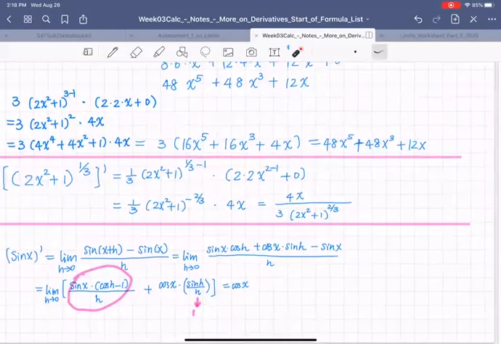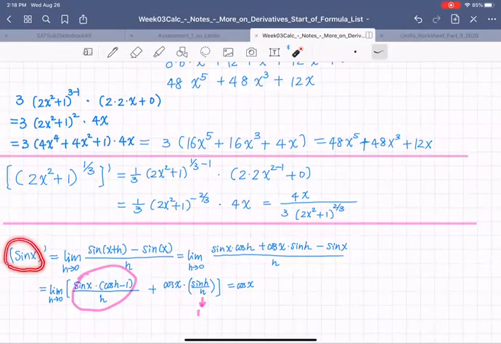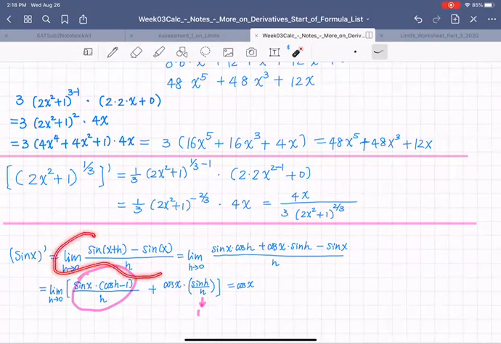So the sine x derivative, same thing. If you never know what this derivative is, you start from your definition. Your definition is this.